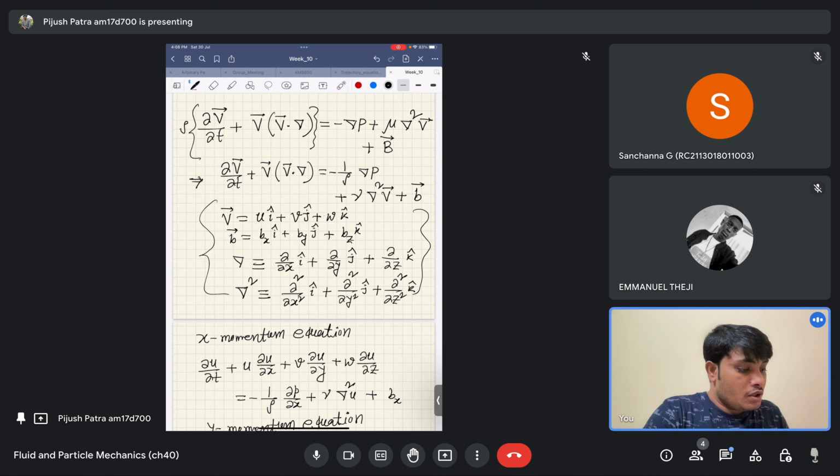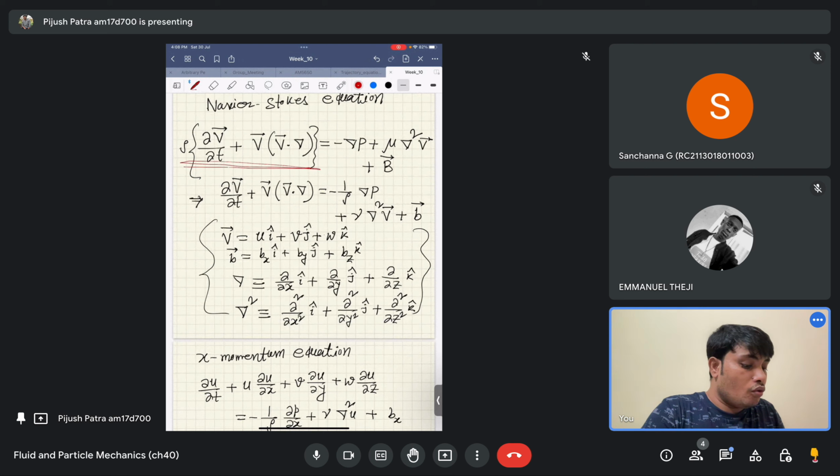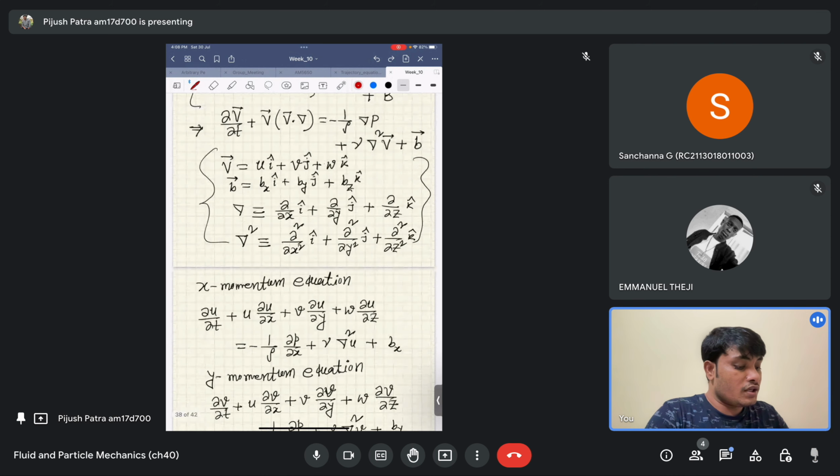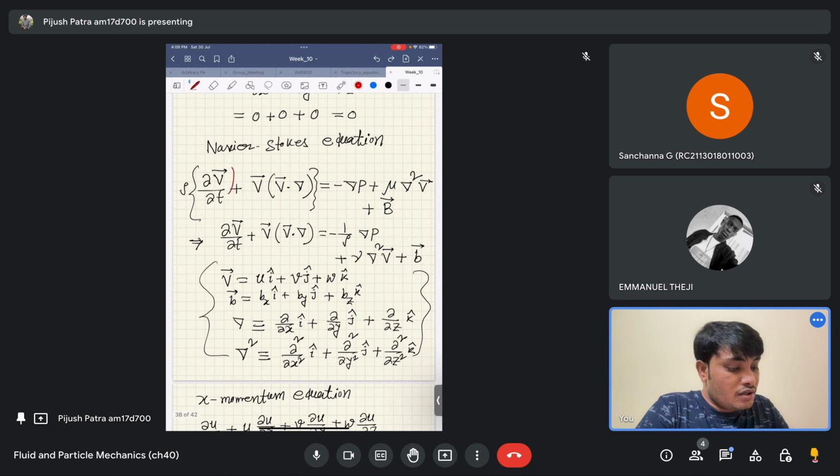But before going into that, this term, the rho into this term, is basically the convective term, or this is known as the convective acceleration. This term is the temporal term. This is the convective term.